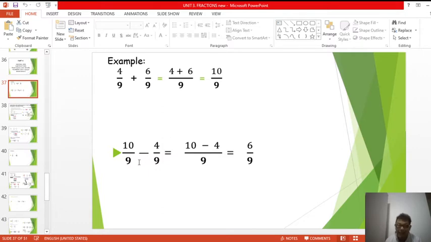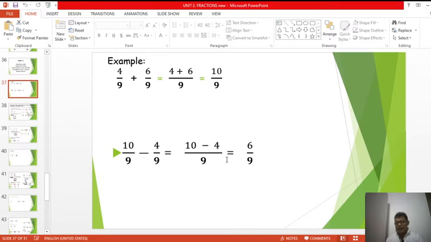Again, they have the same denominator, number 9. So again, all you've got to do is draw the fraction line and copy number 9 as your denominator because they're common. See, they're the same. And then just subtract straightaway 10 minus 4.